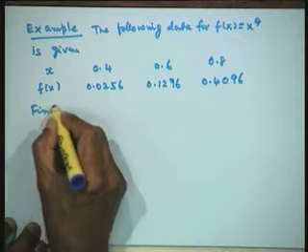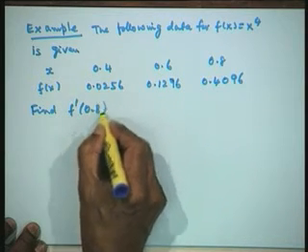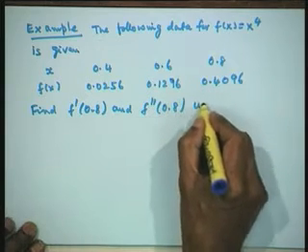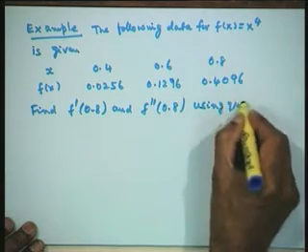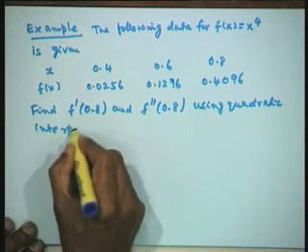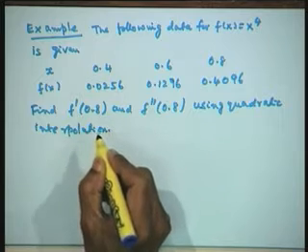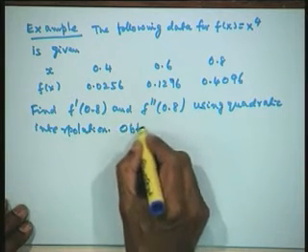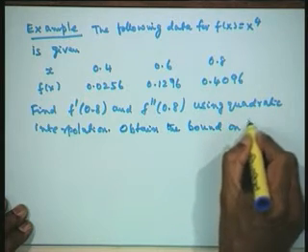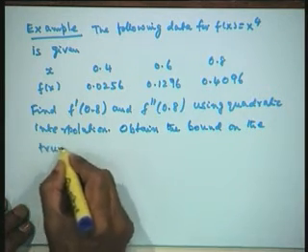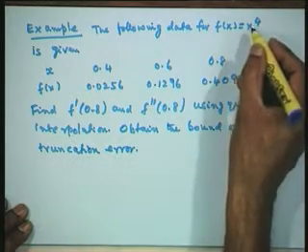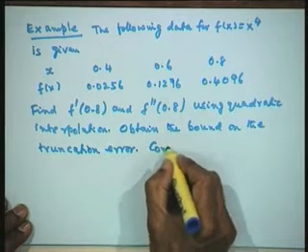Find f dash 0.8 and f double dash 0.8 using quadratic interpolation. Obtain the bound on the truncation error. And since the exact solution is given, let us compare with the exact solution also.